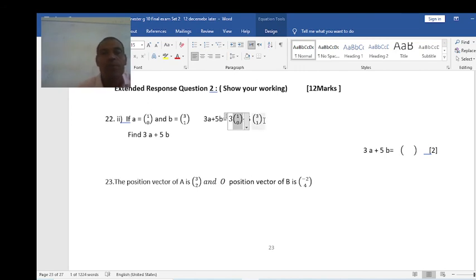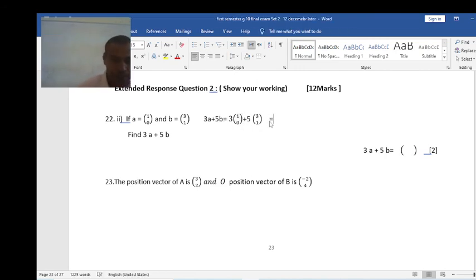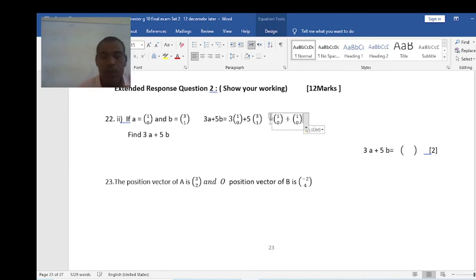Copy, equal. Look, 3 multiplied by 1 is 3. I will write here 3. 3 multiplied by 0 is 0. 5 multiplied by 3 is 15. I will write here 15. Then 5 multiplied by 1 is 5.